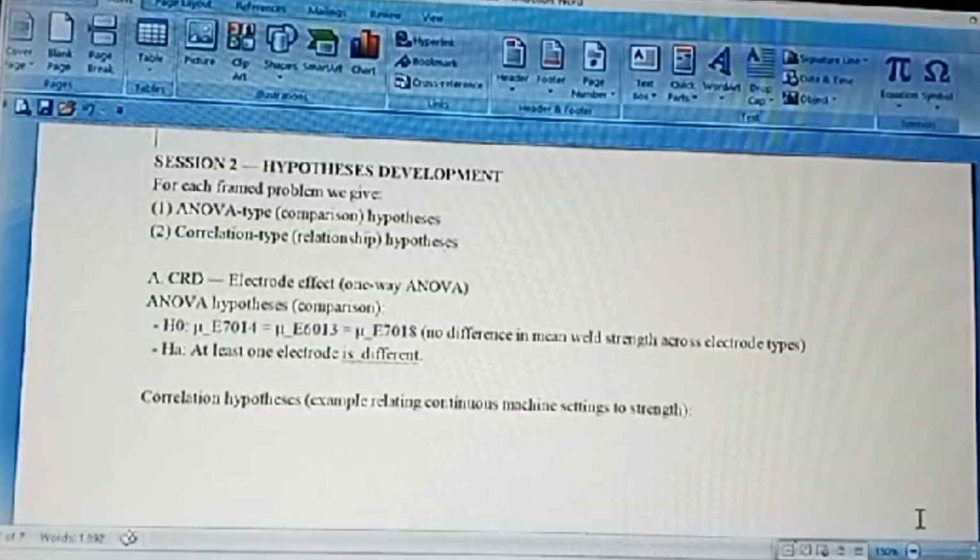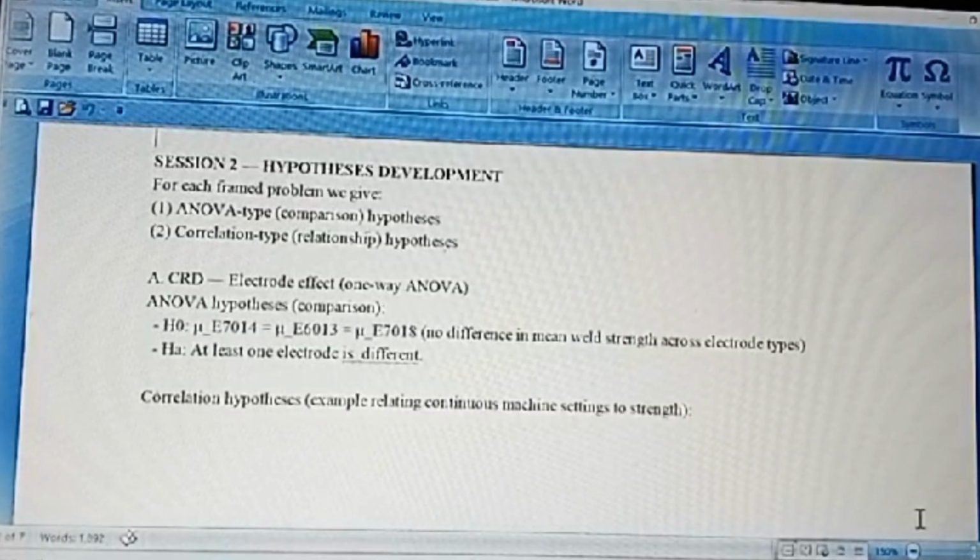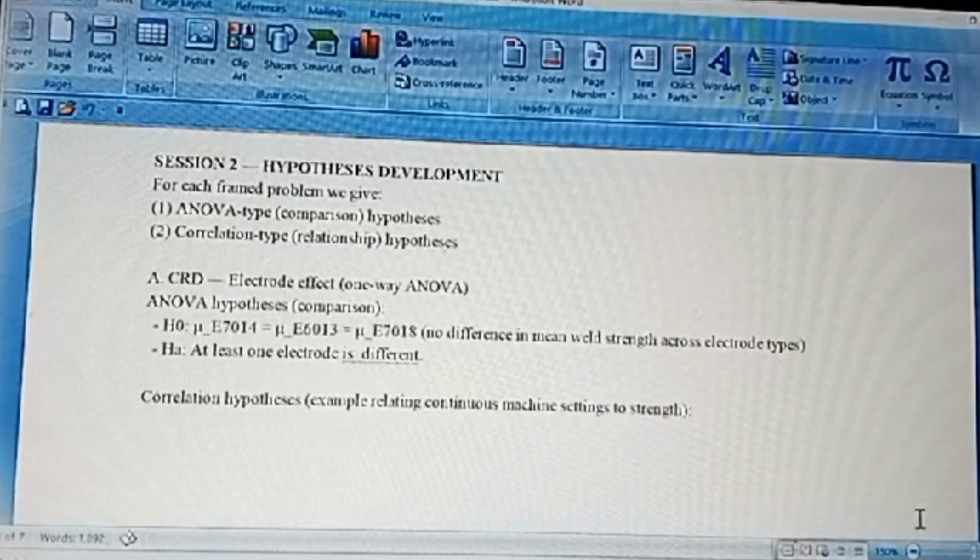Session 2. Hypothesis Development. For each framed problem, we give an ANOVA type and a correlation type. ANOVA type is a comparison hypothesis and correlation type is a relationship hypothesis. CRD electrode effect, one-way ANOVA.